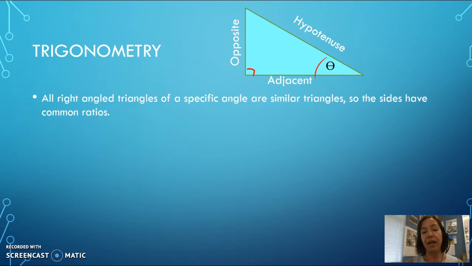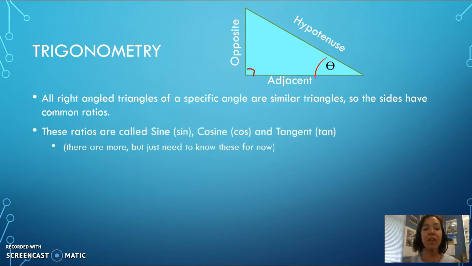All right angled triangles of a specific angle are similar triangles. In other words, it's almost like you've just made enlargements. So if theta is 30 degrees, all right angled triangles with 30 degrees would be similar triangles, and that makes the sides have common ratios. These ratios are called sine, cosine, and tangent.